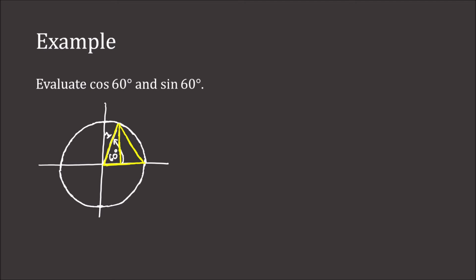Now again, we have two 30, 60, 90 triangles. So we have a single 60, 60, 60 triangle. Again, this means that all lengths must be equal.